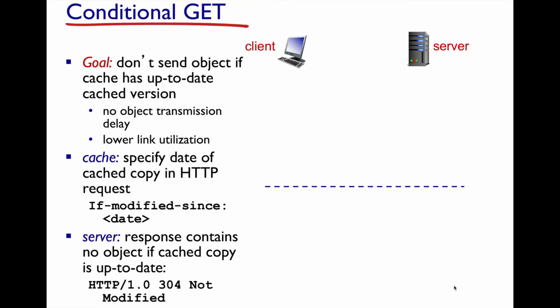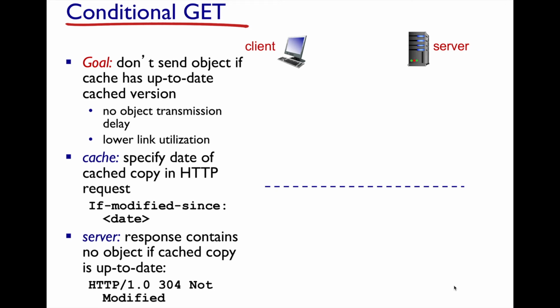So there needs to be a method to say, don't send the object if the cache has an up-to-date version. If there's a new version on the origin server, then go ahead and retrieve that object. If there's not a new version, don't retrieve it. And how that's accomplished is with this if modified since header line entry.